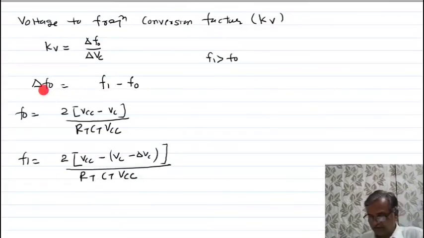Look here, this delta F0 I have written as F1 minus F0, F1 is greater than F0, F0 you already know this equation. Now I am changing the modulating voltage VC, or I am decreasing VC by delta VC, so I can write this F1 in this way.